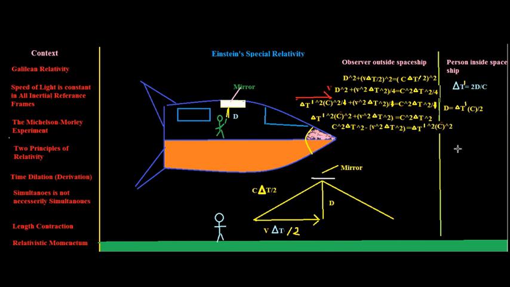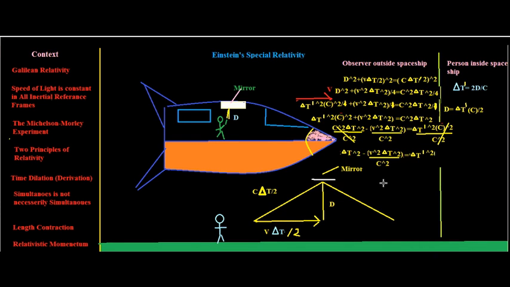After rearranging the equation, you could divide by c squared on both sides, and you will get this. Now you could factor out Δt, which is the time for the outside observer, and you will get this.